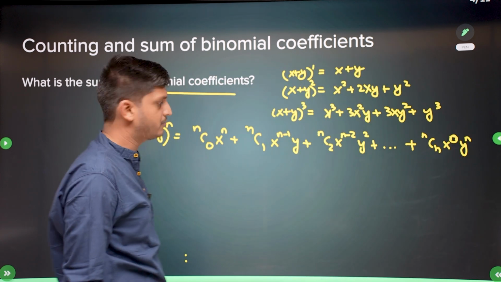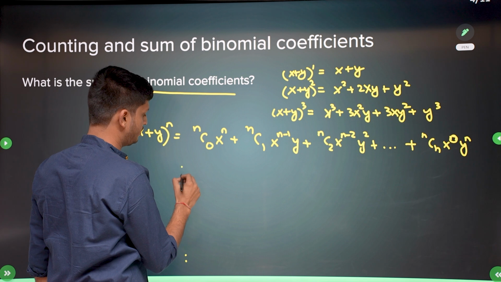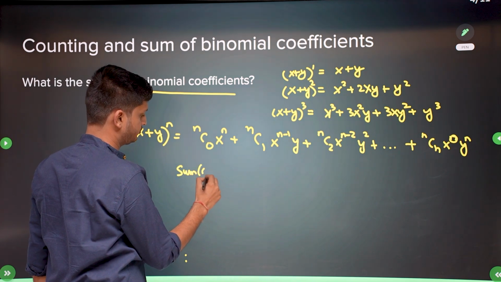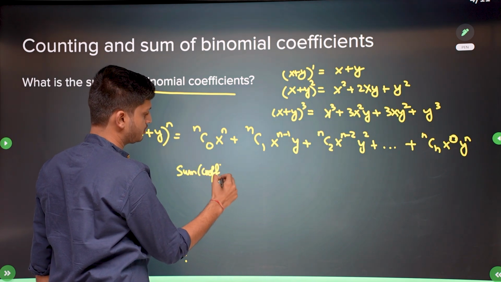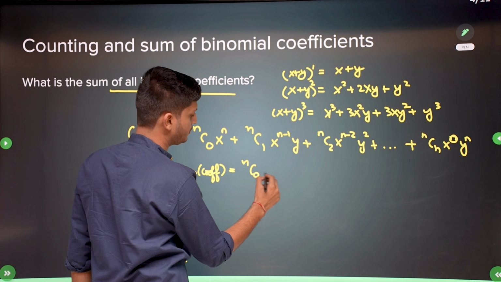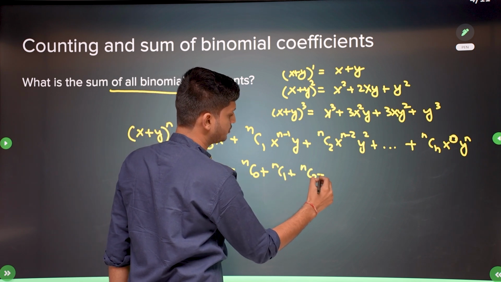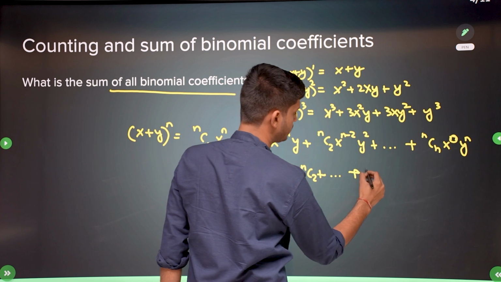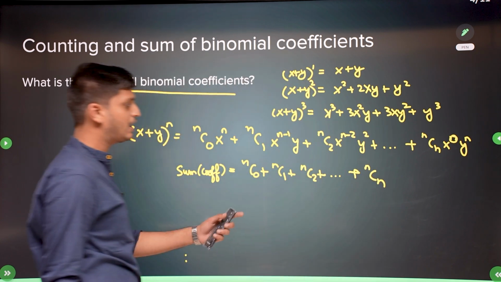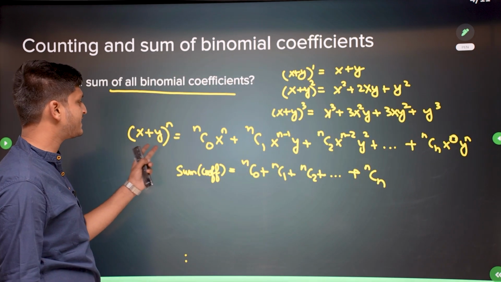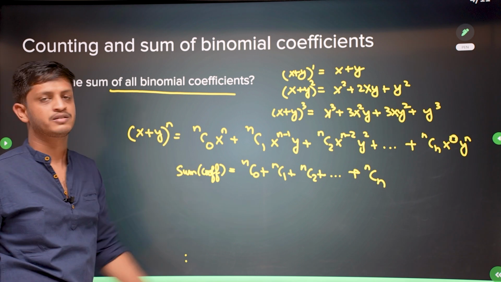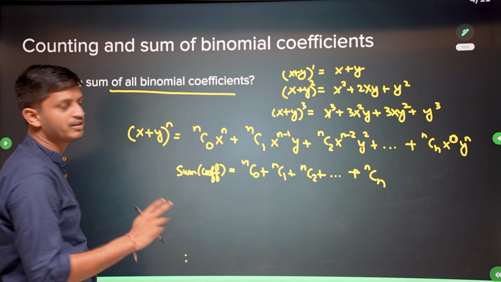This is the binomial theorem. What is the sum of coefficients? The sum of coefficients is n choose 0 plus n choose 1 plus n choose 2, up to n choose n. How do you calculate it? Just put x and y equal to 1 here.